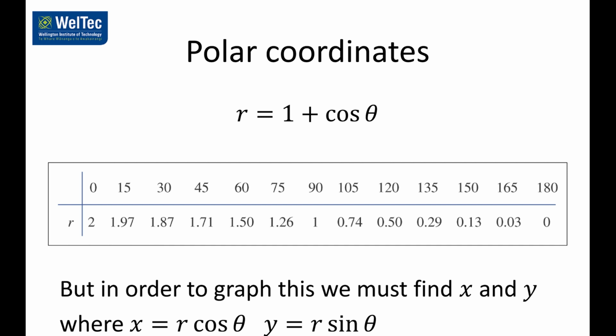R equals 1 plus cos theta. Now you can put in values for theta, and you can work out r, which is all very well, but before you can draw that on a graph, you actually need to find x and y. So we have to have some way of doing that, and it's all to do with the triangles like that.